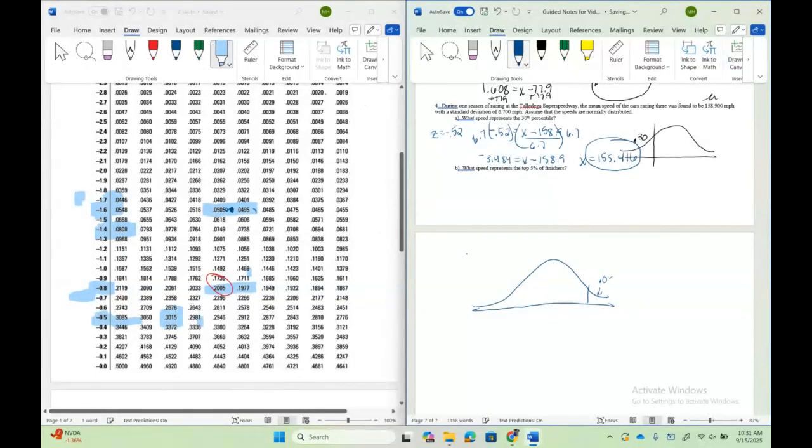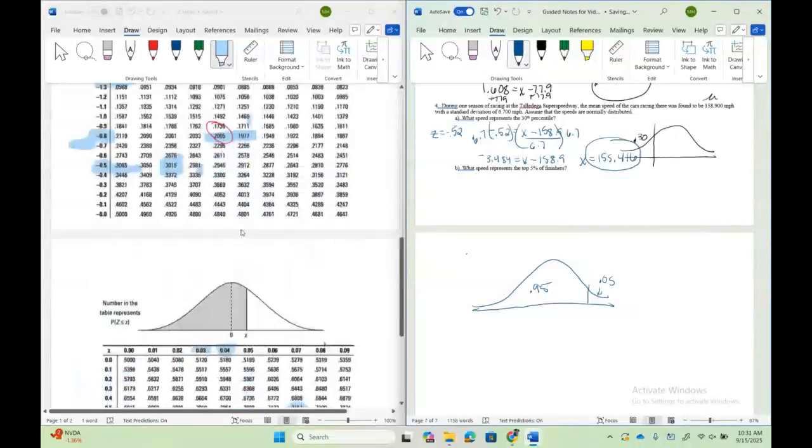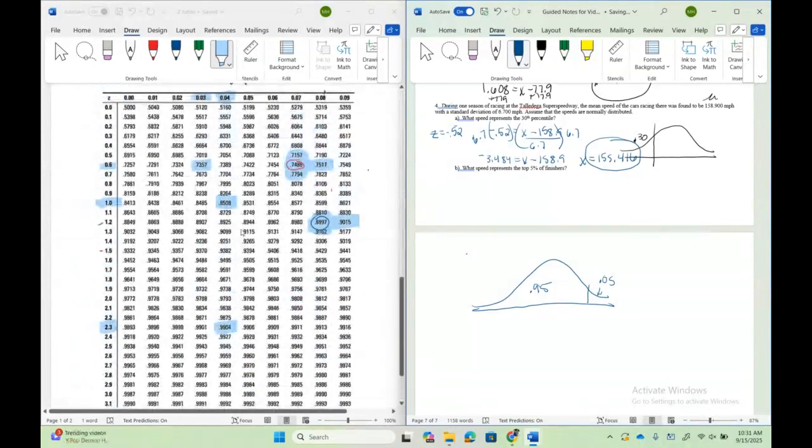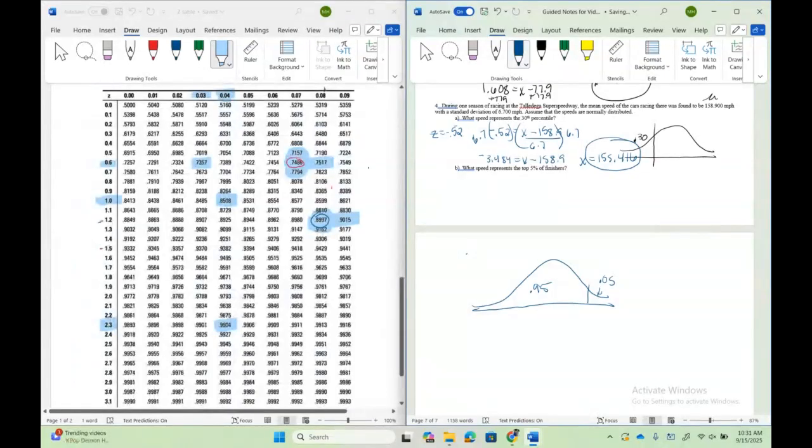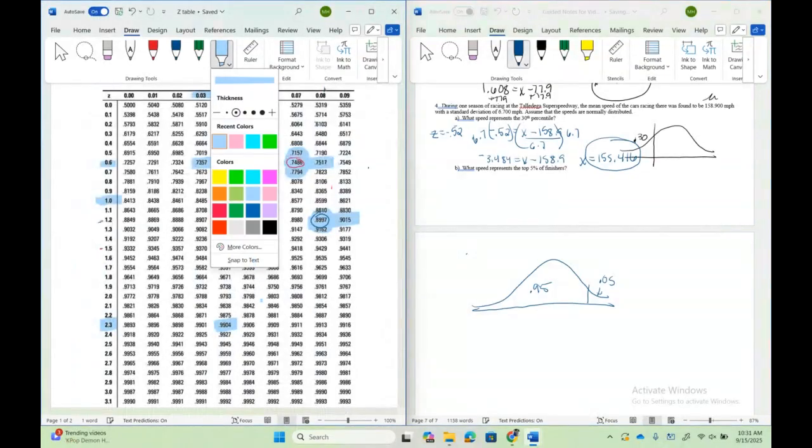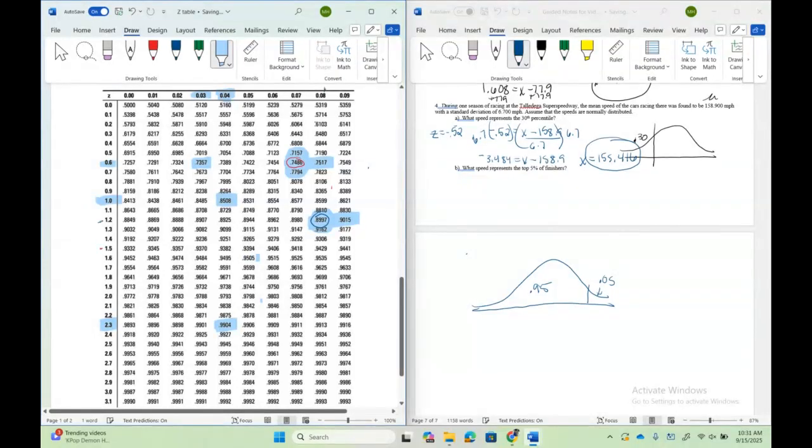So this area would be 0.05, which means this area would be 0.95. Now I need to find an area to the left close to 0.95. I need to find the z-score in between these two since neither one of them is close to that value. So I'm going to find 1.64 and 1.65 and divide by 2.